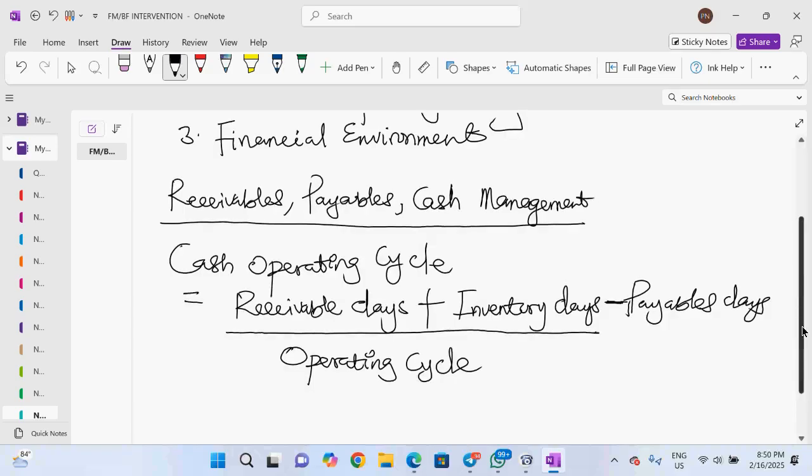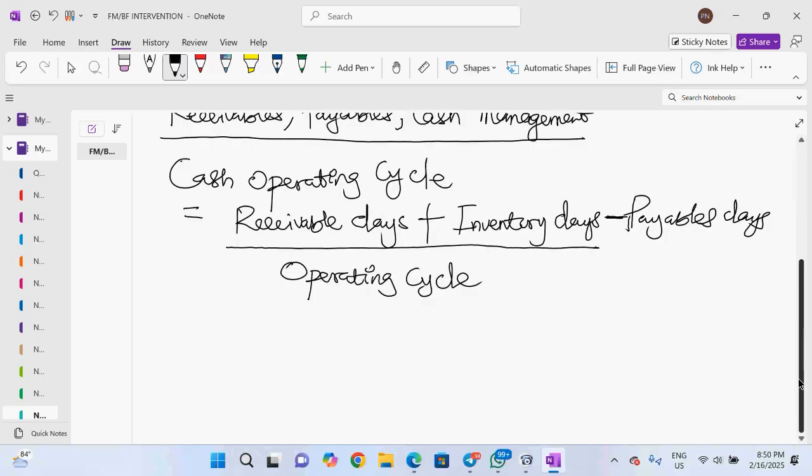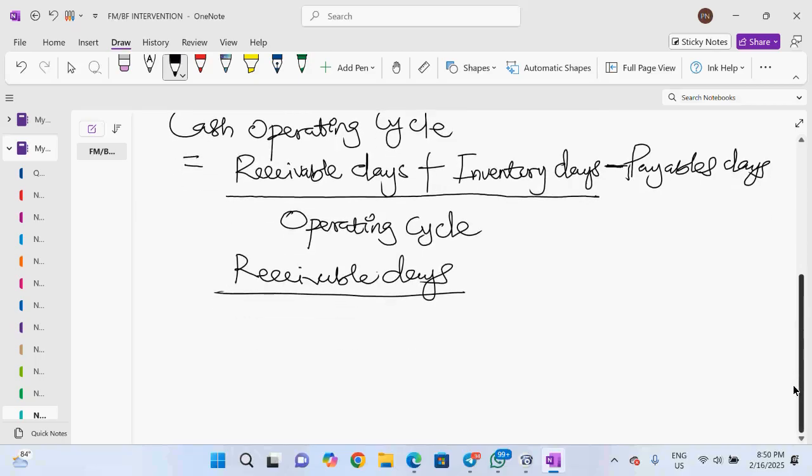Okay, so let us look at the formulas and the days of each of them. We take the receivable days. What is the formula for receivable days?